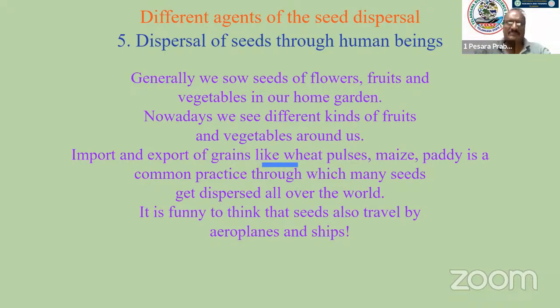Some crops were carried from other countries also. It is funny to think that seeds also travel by aeroplanes and ships. Imagine your brother or sister is in the USA or Canada. While traveling to that place, he is carrying some seeds or grains. It means the seeds are carried by human beings and they travel by ships or planes. Okay.